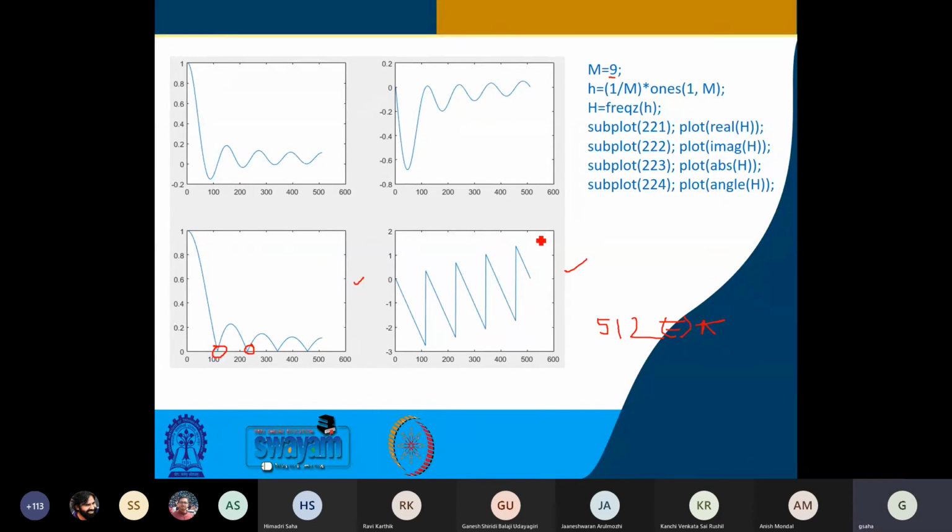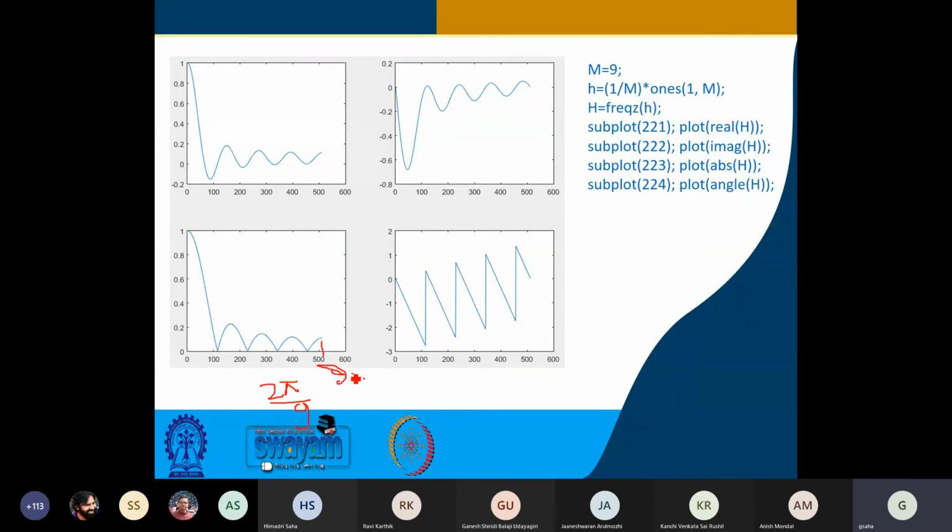What should be this value? What should be this value? 2 pi by 9. Are all of you with me, or with your friend who has just said that it will be 2 pi by 9? Then it will be 4 pi by 9, then 6 pi by 9, 8 pi by 9. So this is 9 pi by 9, which is pi only.